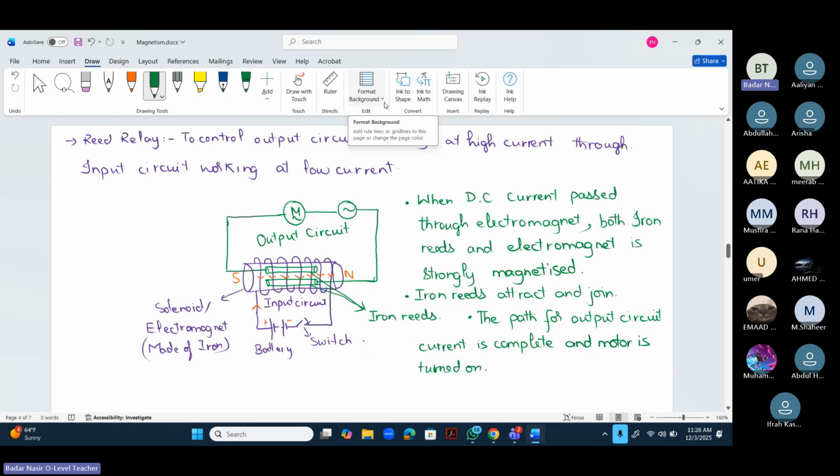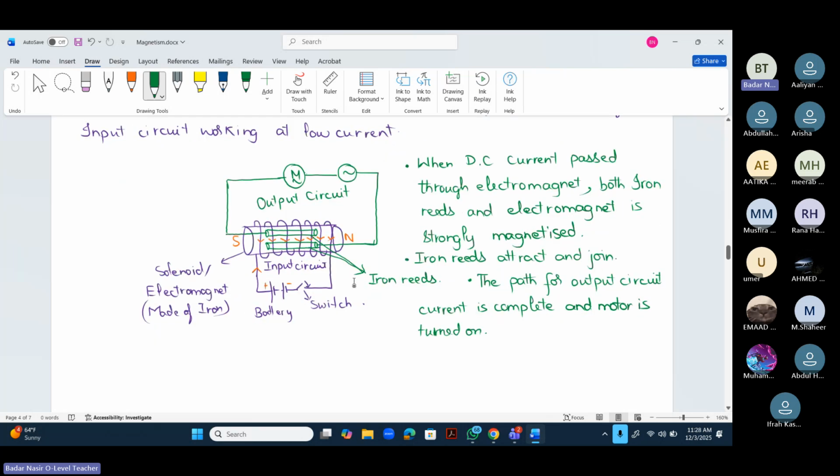We want that as soon as we switch on the input circuit, the output circuit also starts, and as I switch off the input circuit, the output circuit just stops working. So basically, it is acting as a switch. So we should know the diagram of this too.